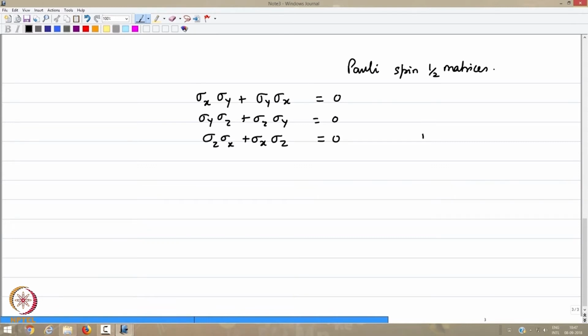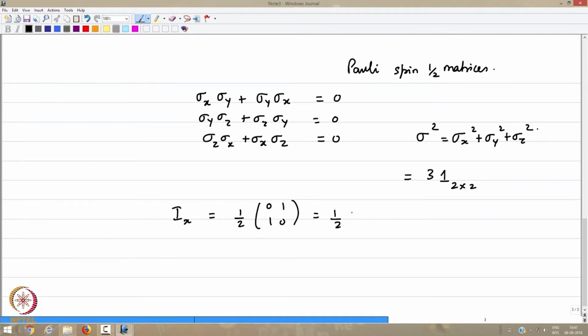And then we had sigma square as sigma x square plus sigma y square plus sigma z square, and that is 3 times the identity matrix 2 by 2. But recall that when we wrote down the spin angular momentum operator Ix, we had it as 1 by 2 times the matrix 0 1 1 0, and therefore this was written as 1 by 2 sigma.